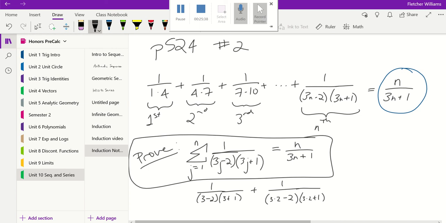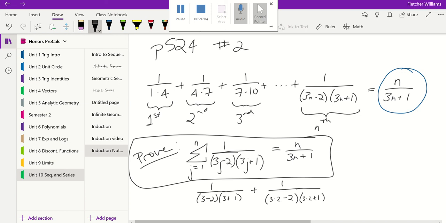So when you're doing the primary term, do you use the n over 3n plus 1? Or do you use the 1 over 3j minus 2 times 3j plus 1? So the 3j minus 2, 3j plus 1, that's how you get each term of the sum. Like if you're adding together all the pieces of a pie, this is each piece of the pie.